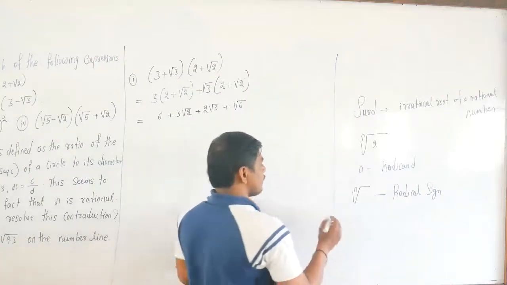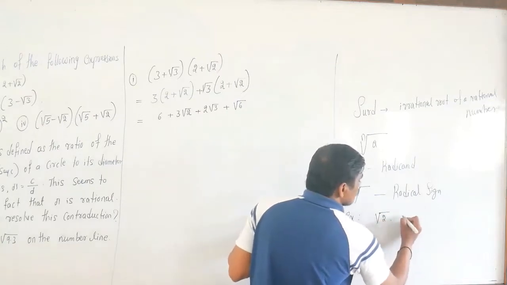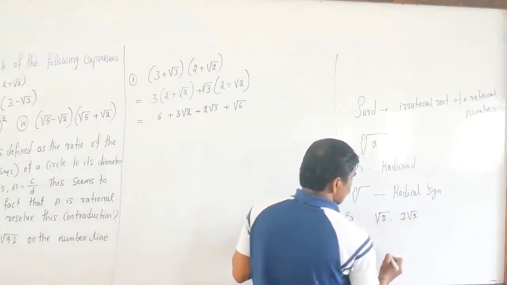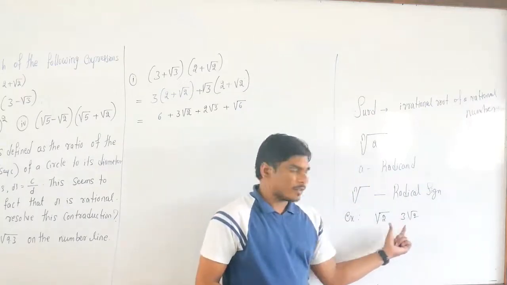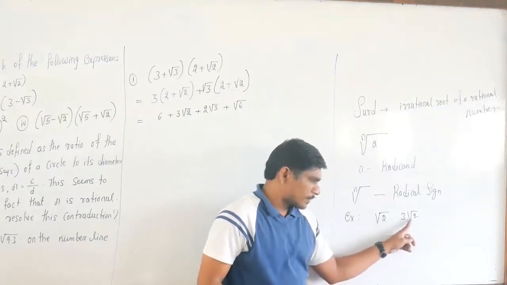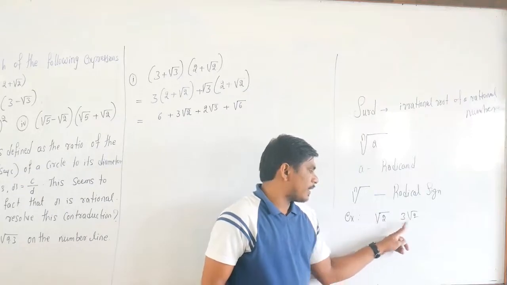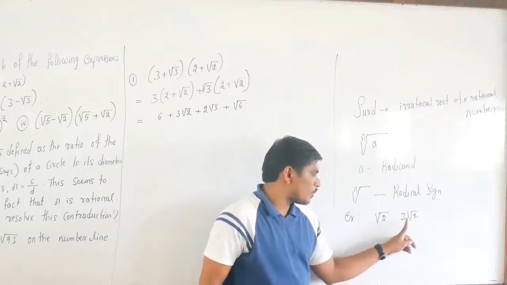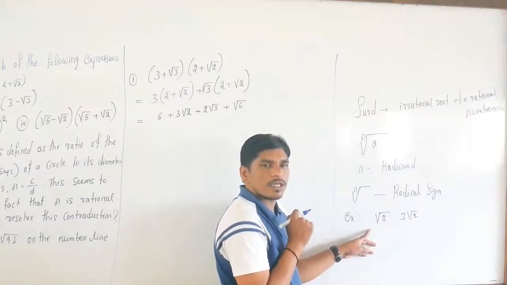For example, root 2 and 3 root 2. These two are in the form of a surd, and both are square roots. Both the radical signs are the same and the radicands are also the same, 2 and 2. That's why in this type of surds we directly add.